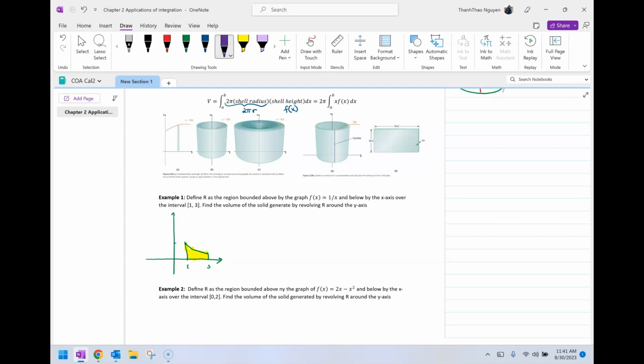Now let's rotate this about the y-axis. We should get something that looks like this figure, and it has a kind of hollow in the middle.